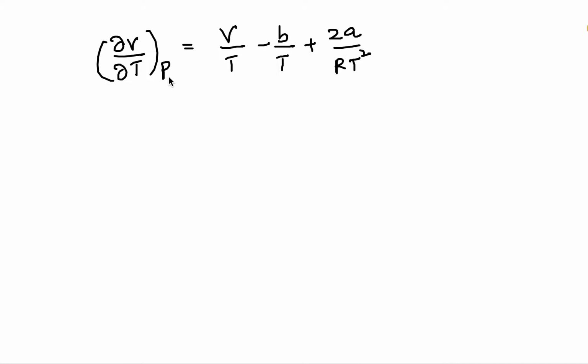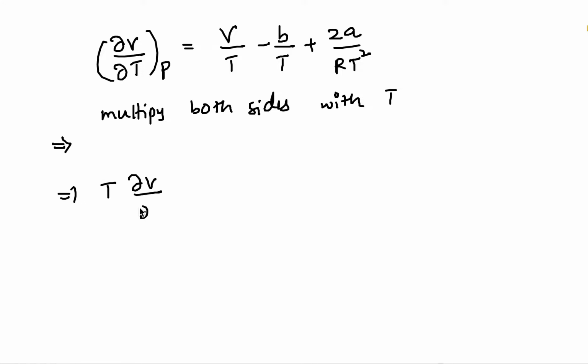So why am I doing this dou V over dou T at constant pressure? There is some purpose for this. Now let's multiply both sides with T. It gives us T times dou V over dou T at constant pressure, and we can distribute the temperature to all three terms.